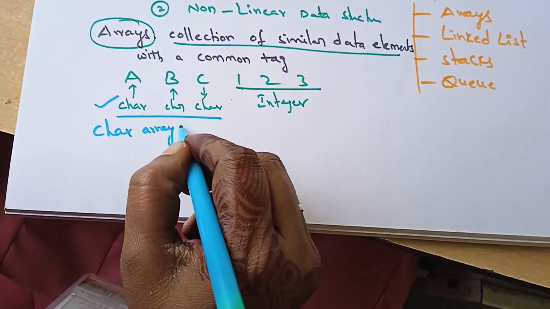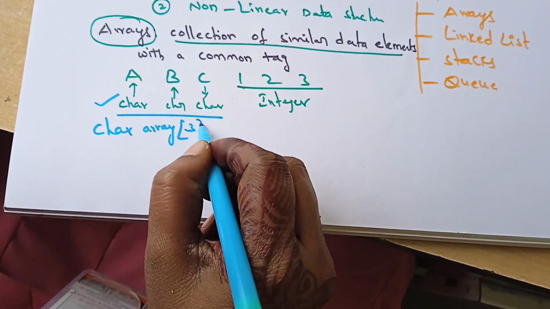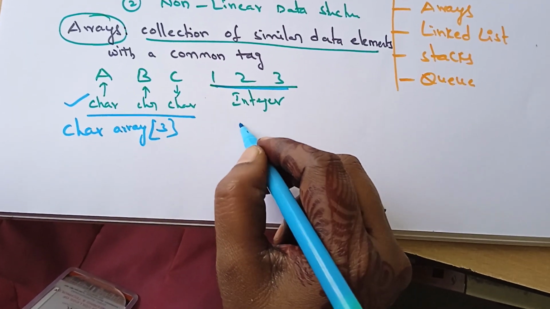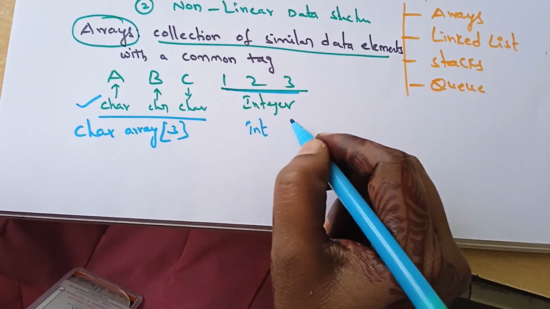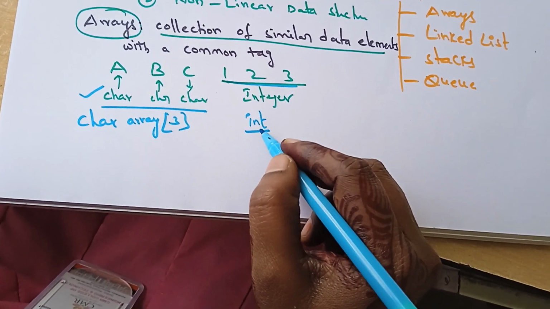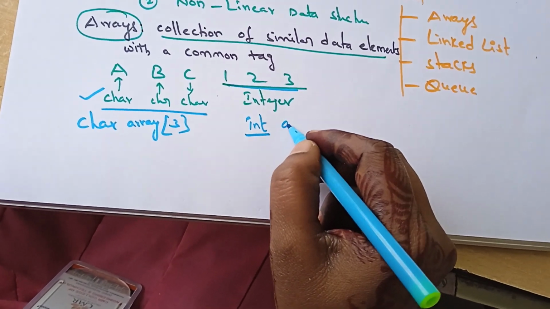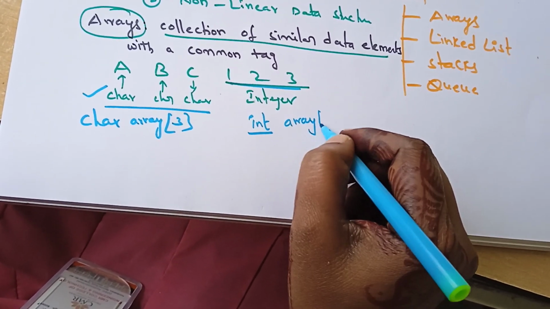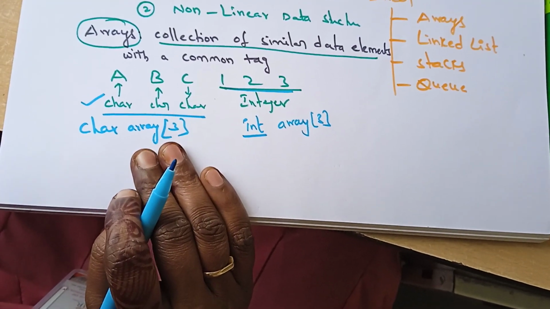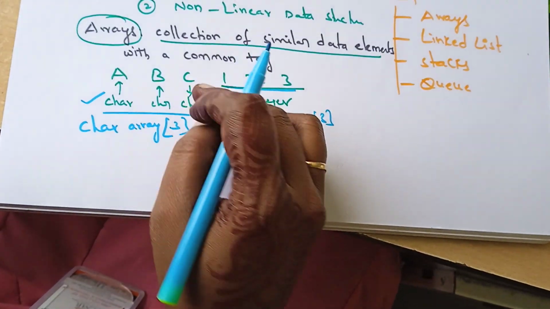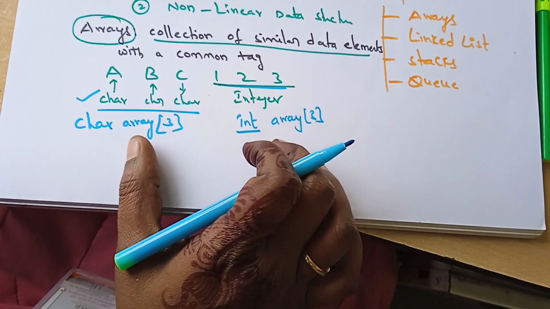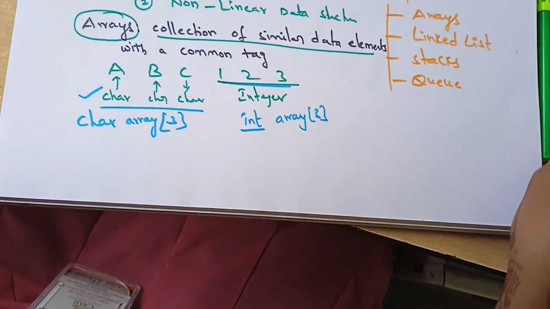Character array of how many elements? 3 elements. Now this is what? Integer type of an array. For integer we'll use the keyword int. Now this is what? Array of 3 elements. So now we'll use this array to store character type of data and to store integral type of data. So this is what actually an array definition is.